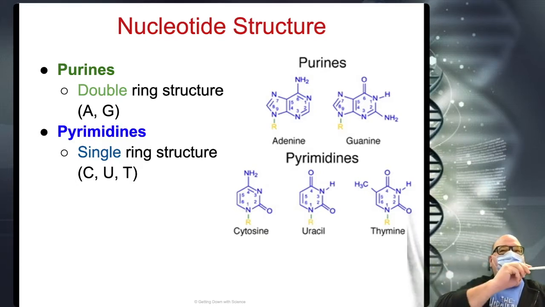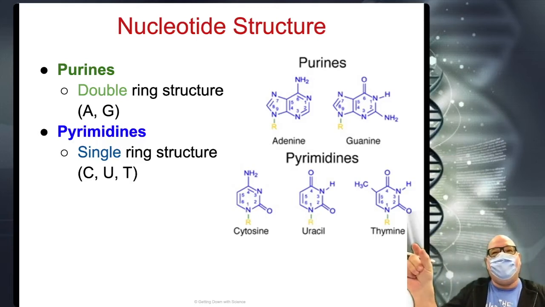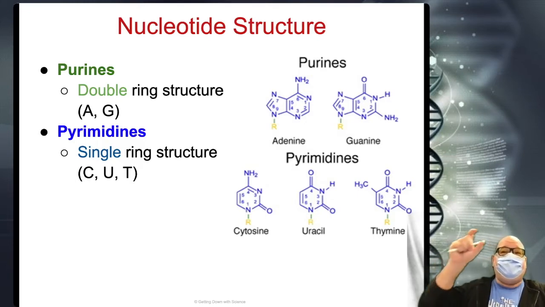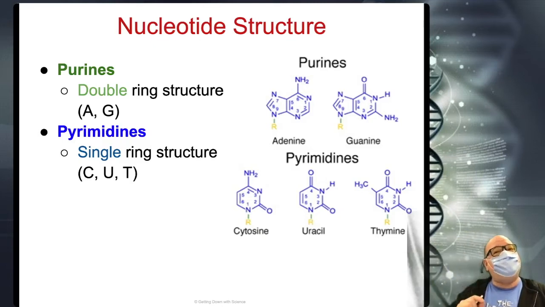So if I go across one of the rungs of DNA, I should see a double ring, a single ring, okay? A double ring and a single ring. You should know this stuff. You need to know which ones are which. You need to know that doubles always bond with singles, okay? And you need to know which things are purines and which things are pyrimidines, okay?